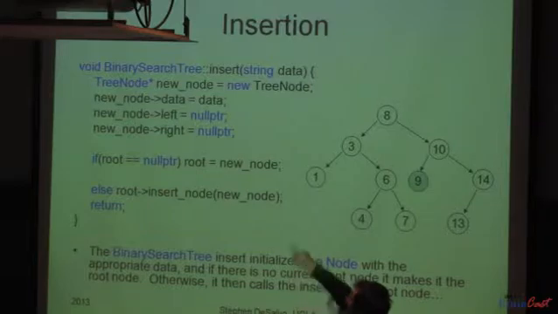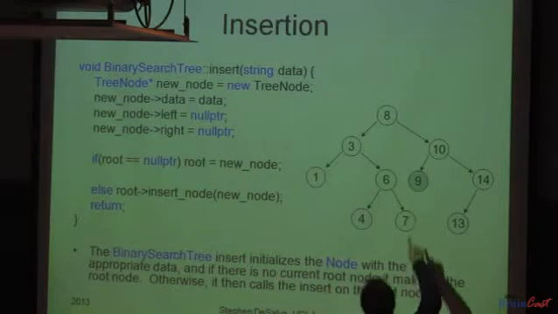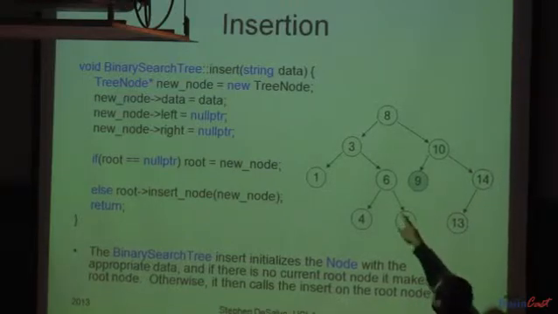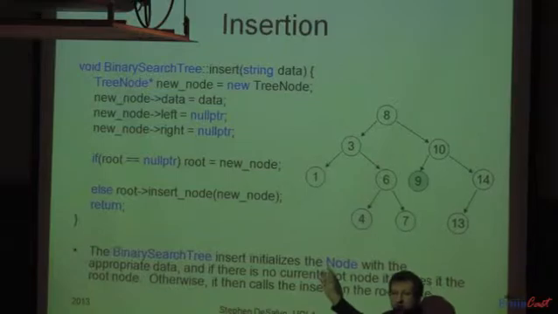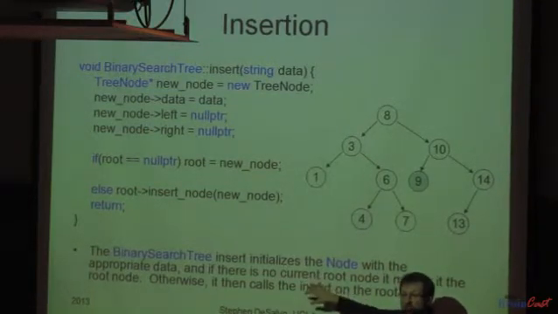Now, the reason it can access the private member variables is because we added that friend declaration in the tree node class. So it can access the tree node private data members just fine. Now, wherever we insert the node, it's always going to be at the end of the tree.